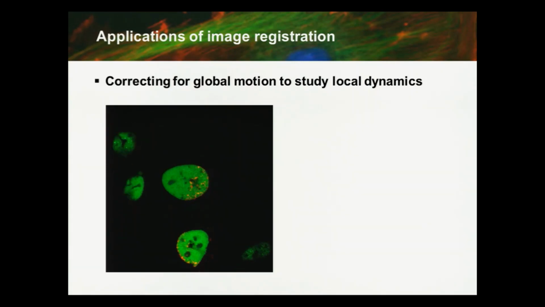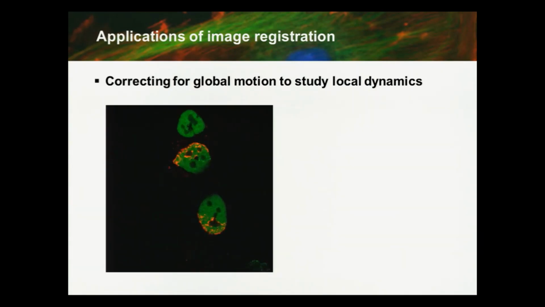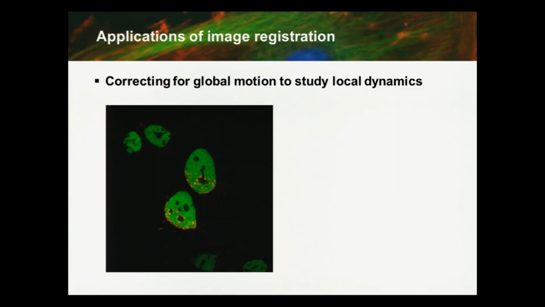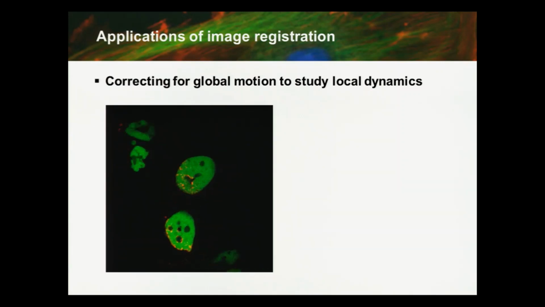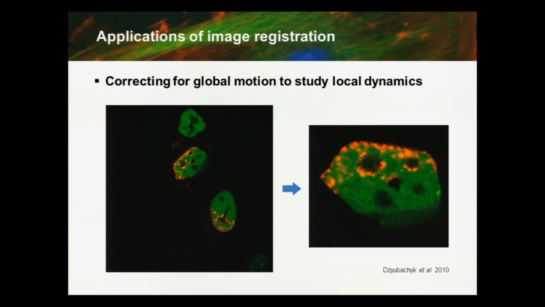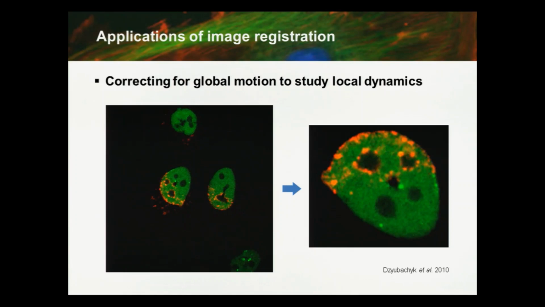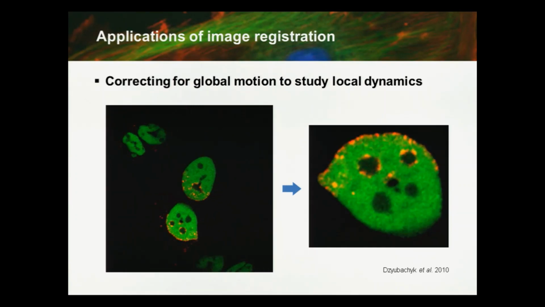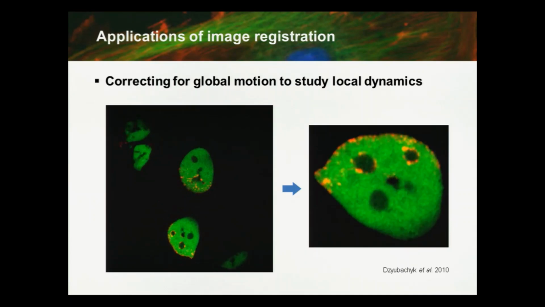It's not so easy if that thing keeps moving around all the time. So what you could do is to register the images only for this part, for this cell, to correct for shifts and rotations, so that you can directly view what's going on within the cell itself.